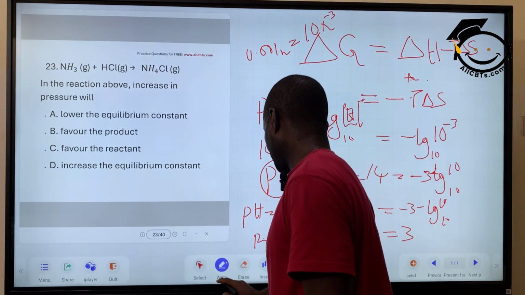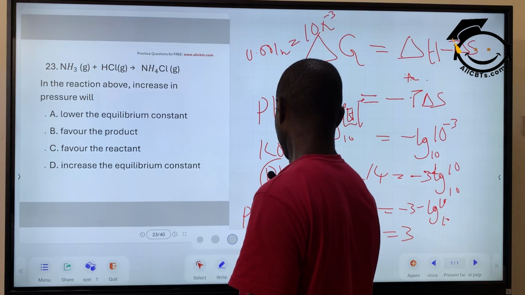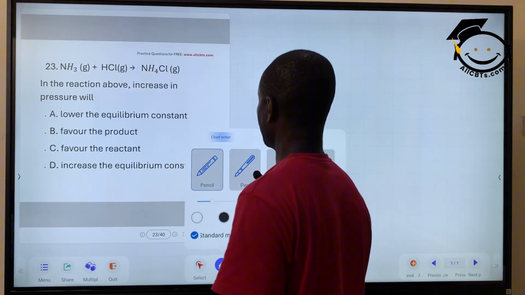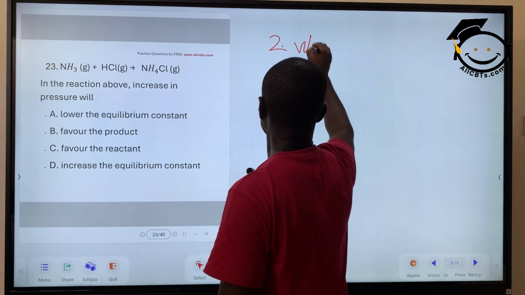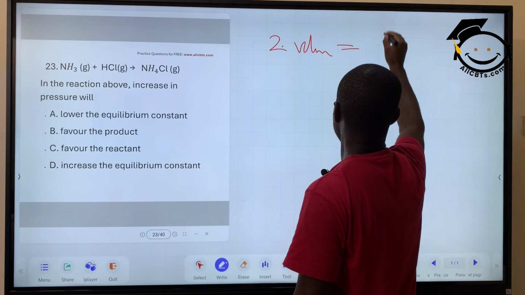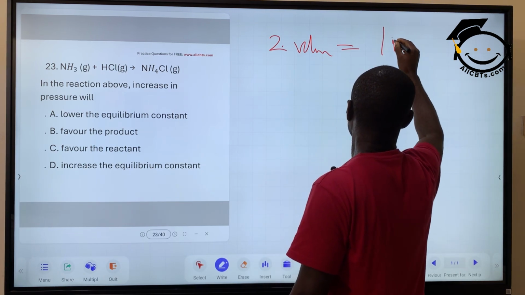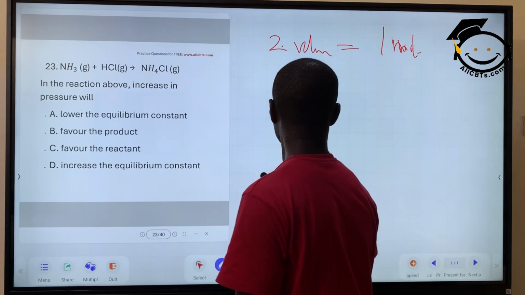Let's clear up this so that we can. Okay. From this equation, 2 volumes of the reactant gives you 1 volume of the product.